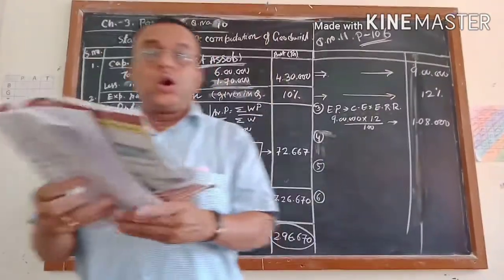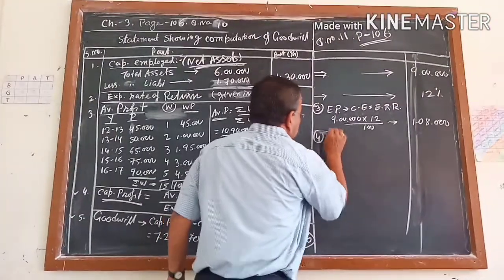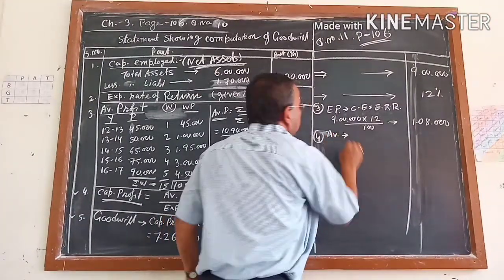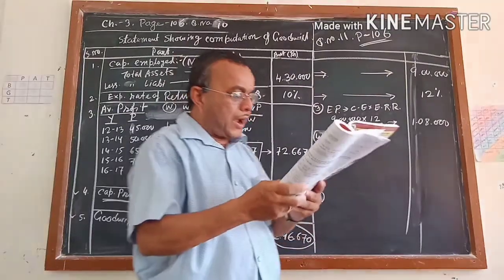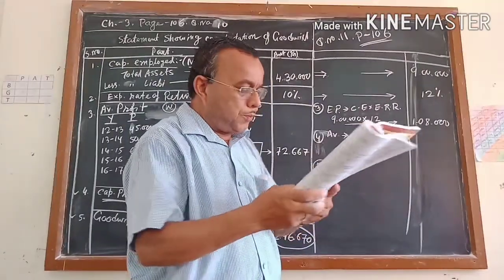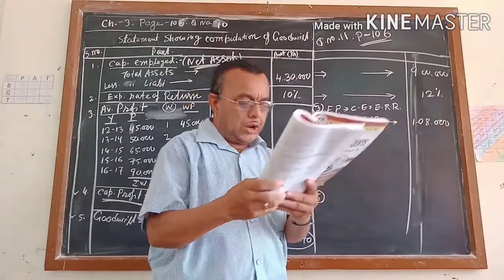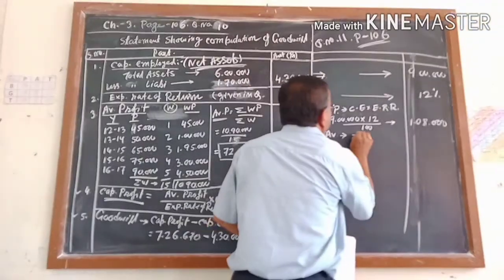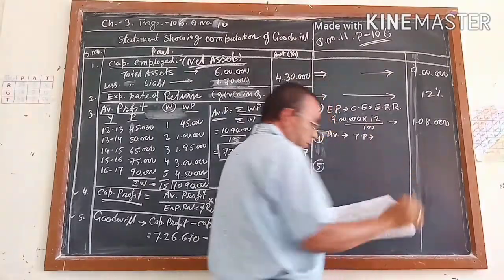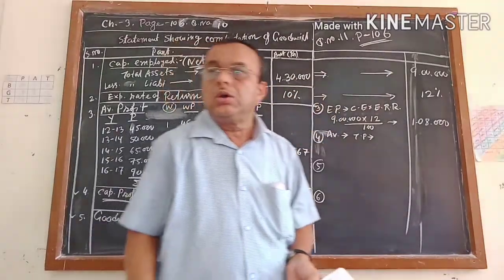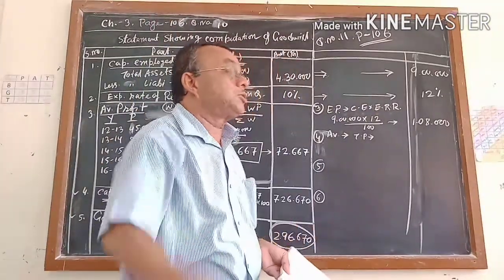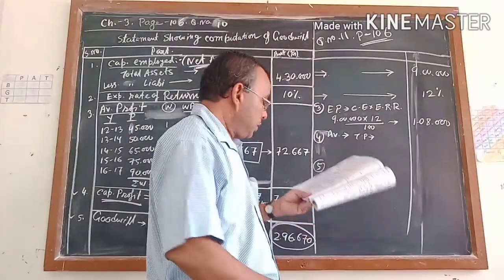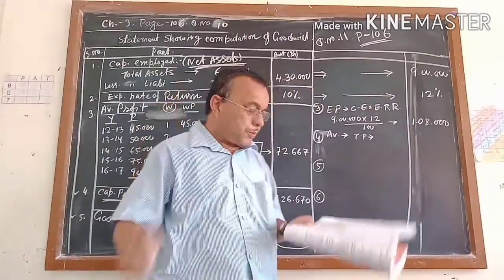Next, step number 4, average profit. I think all of you know that you have to add all the profits: 1 lakh, 1 lakh 40, 1 lakh 30, 1 lakh 50, 1 lakh 80. I am not calculating the total; everyone knows. Because the profits are fluctuating, you will apply the simple average profit method.